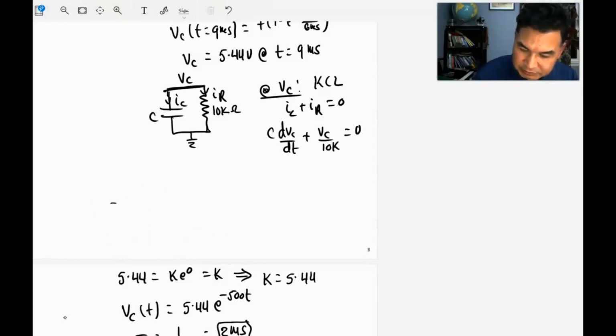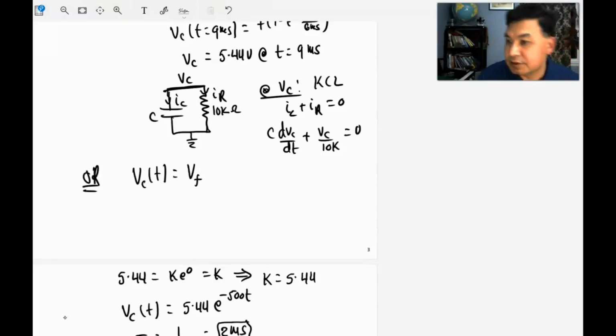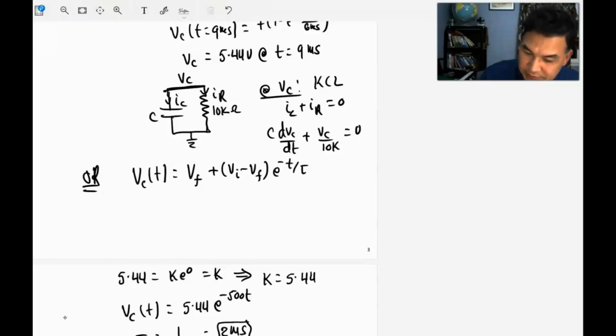The VC(t) is V final plus, and this is the general formula for charging and discharging a capacitor, if you know the resistance and you know the t over tau.